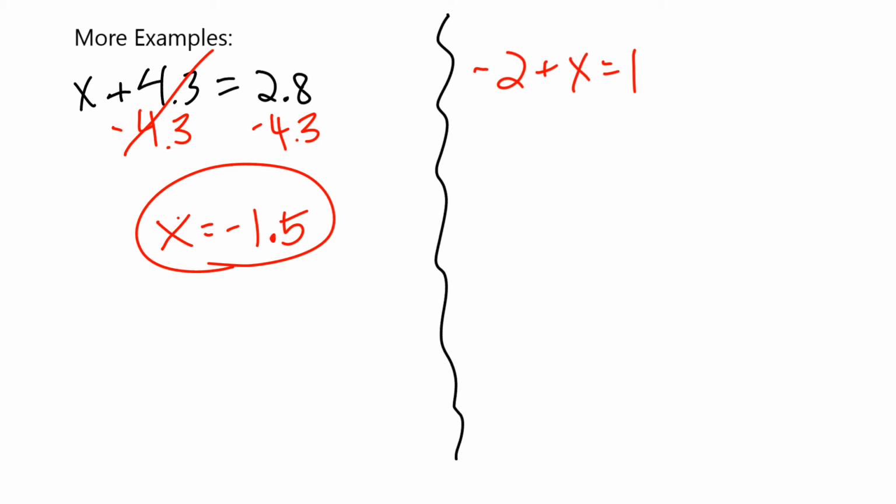The problem on the right, negative 2 plus x equals 1, looks a bit confusing because the variable comes after the number. Whenever this happens, remember that order really doesn't matter because of the commutative property.